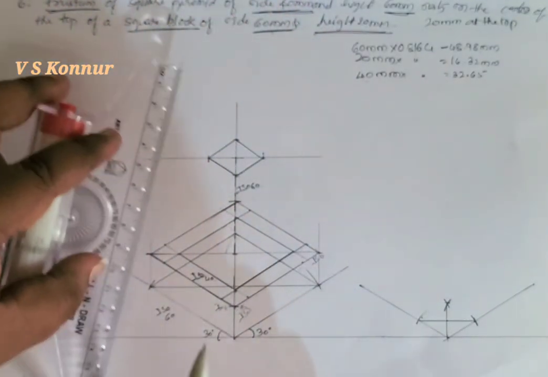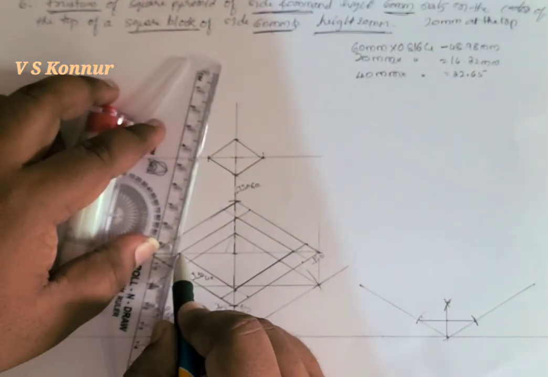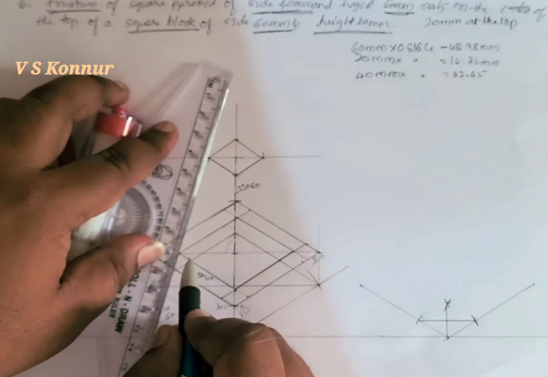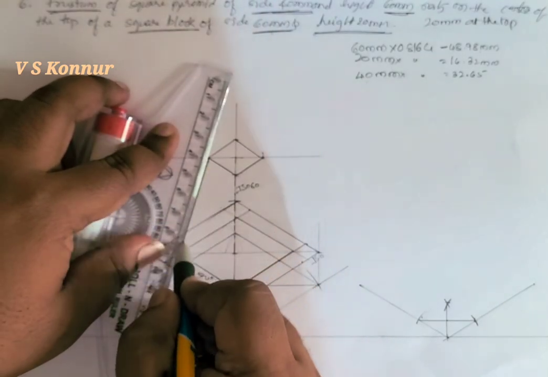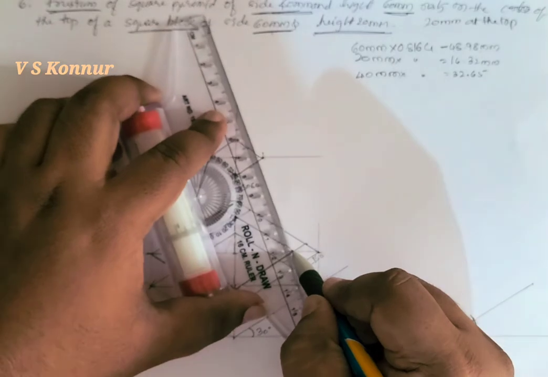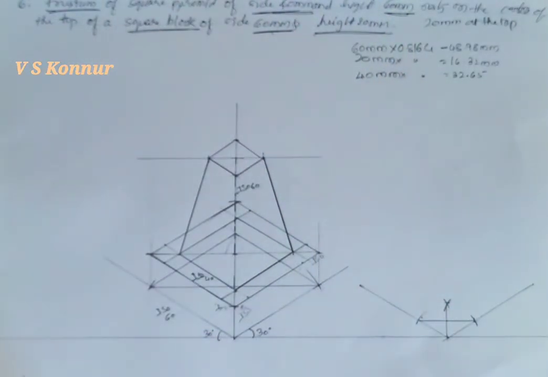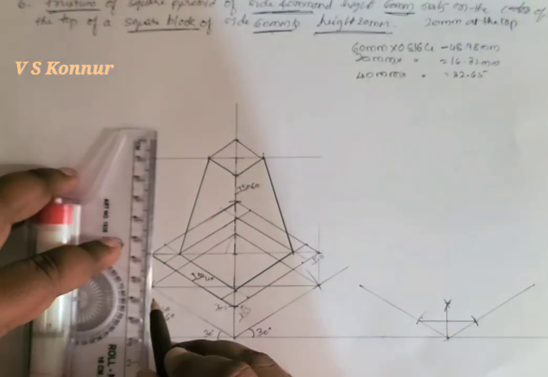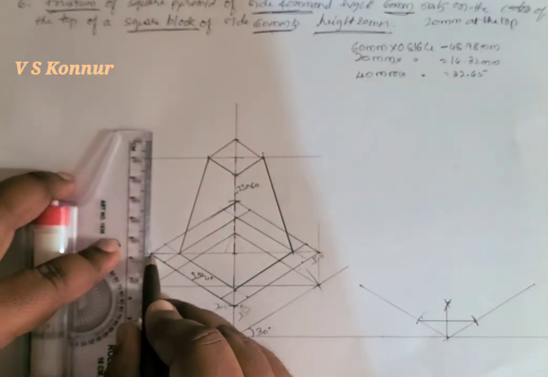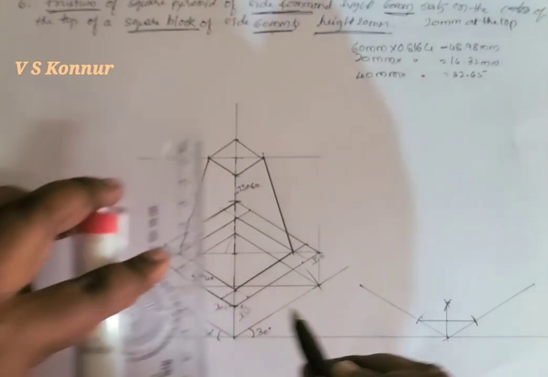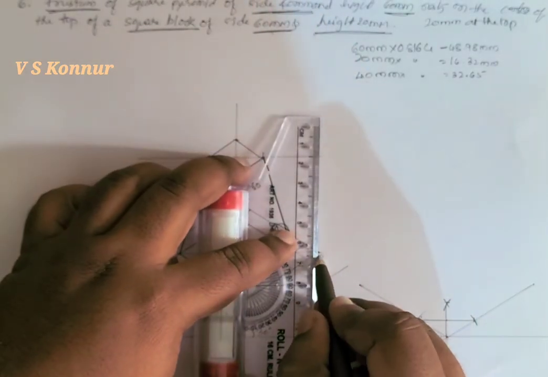Now we'll join this corner at the top. The outside corner I will make dark. So this is how I have to construct. I will make darker the lines which are visible, with the pen.